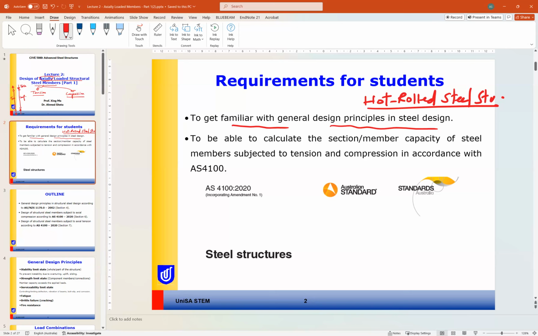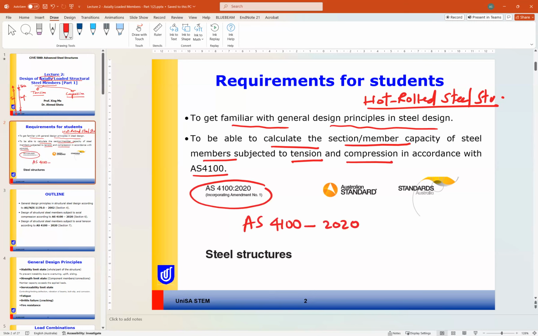Second half of the course will be about cold formed steel. And you will be able to calculate and determine the section and member capacity of steel member subjected to tension force and compression force according to the Australian standard AS 4100. The latest version we have currently is 2022.